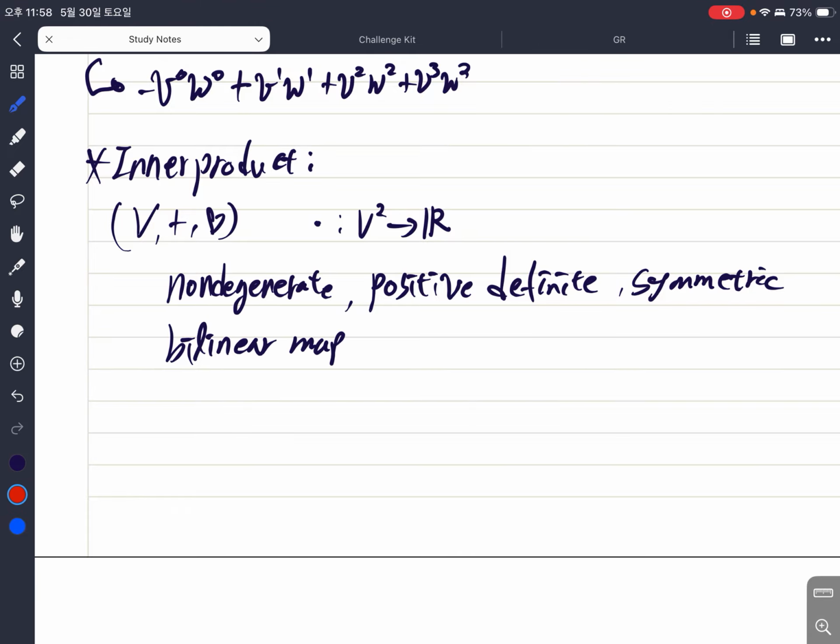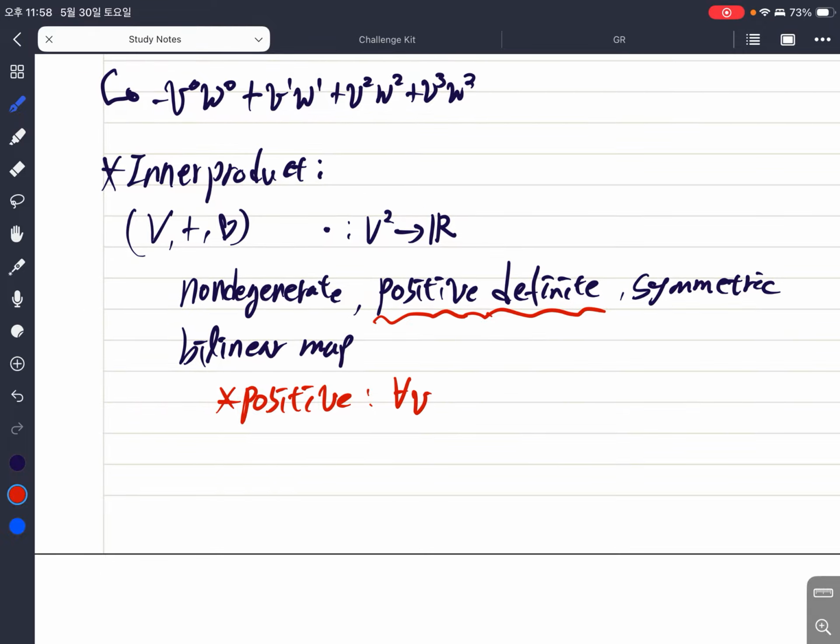Now we have a new word, positive definite. Positive means that for all v in V, v dot v is always bigger than 0. Recall that for a bilinear map we sometimes write it in between, so instead of writing phi(v, w), we write v dot w.